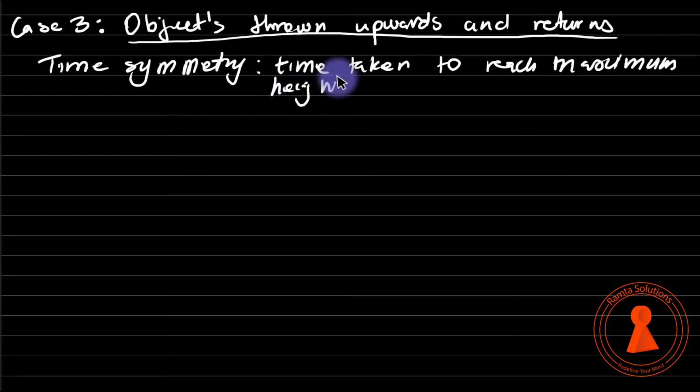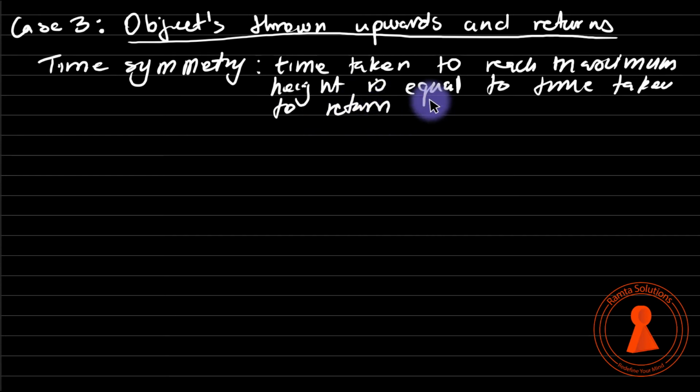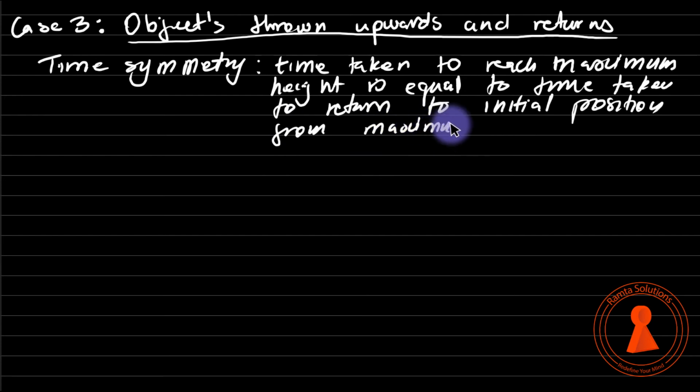So time taken to reach maximum height is equal to time taken to return to initial position from maximum height. Okay, so this is time symmetry.